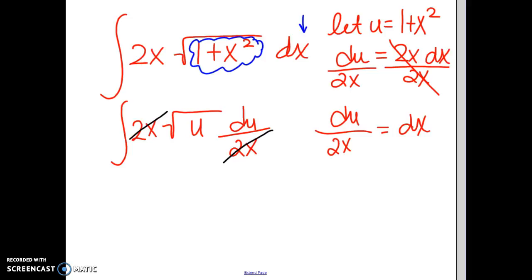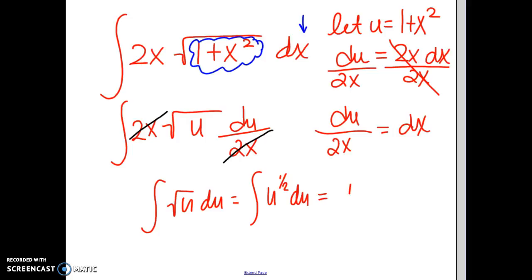That's exactly what that does for me. It allows me to cancel my 2x's. So now I can integrate the square root of u du. And I know that that's equal to u to the 1/2 du.